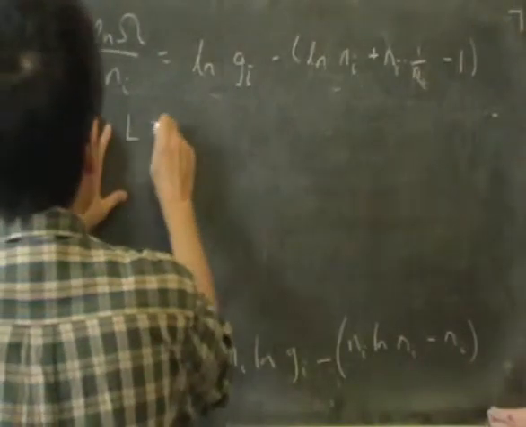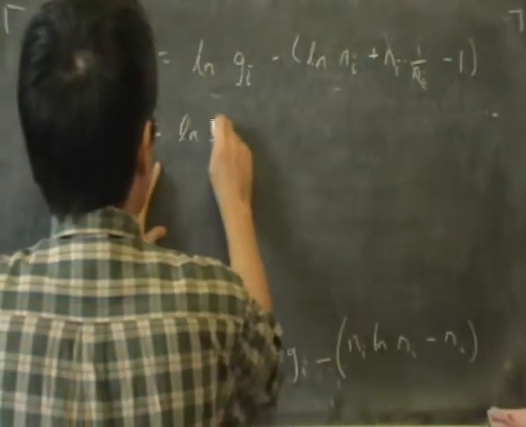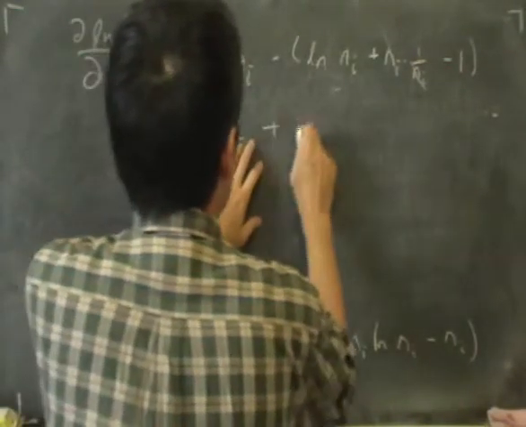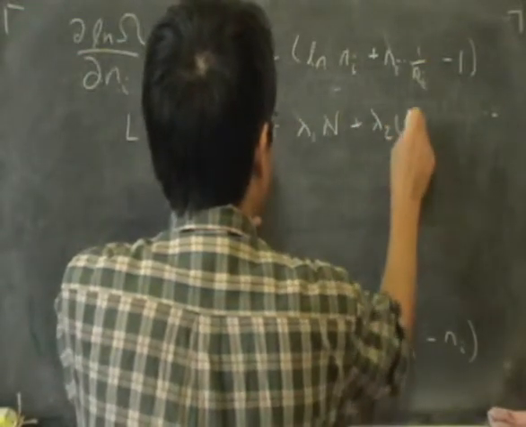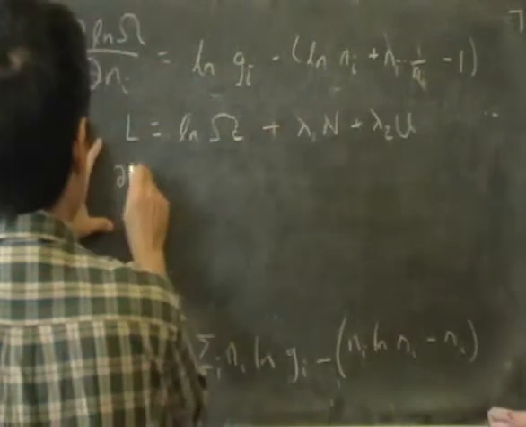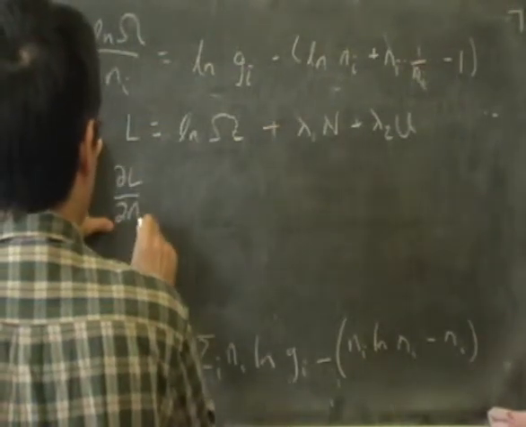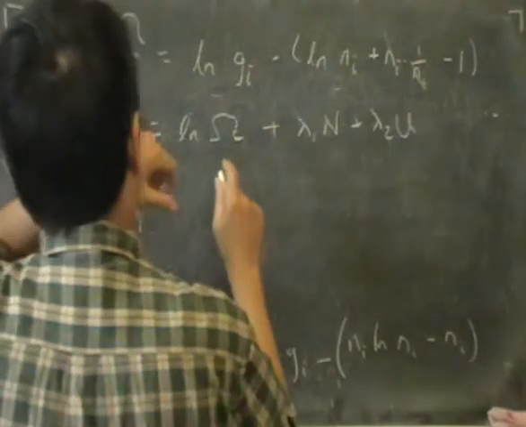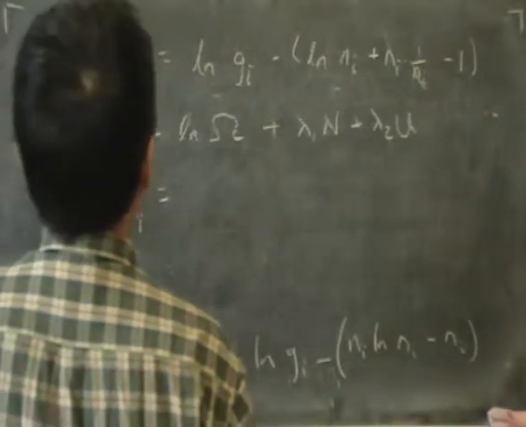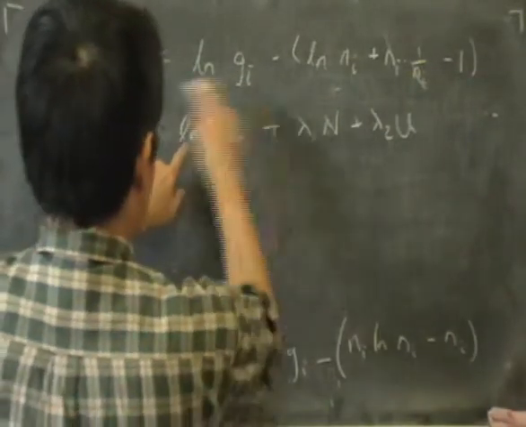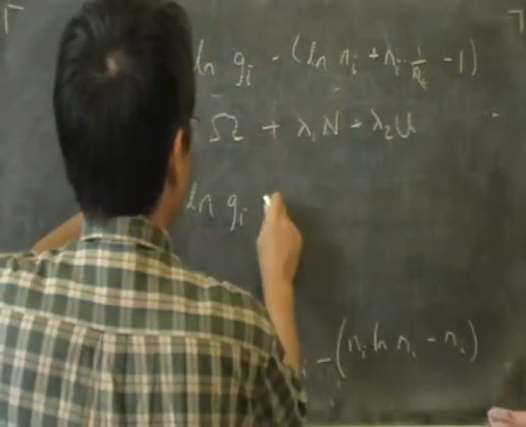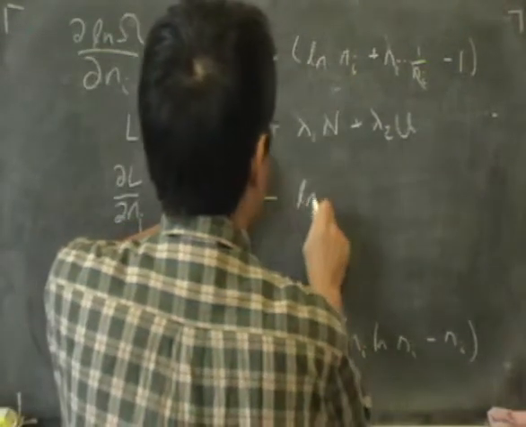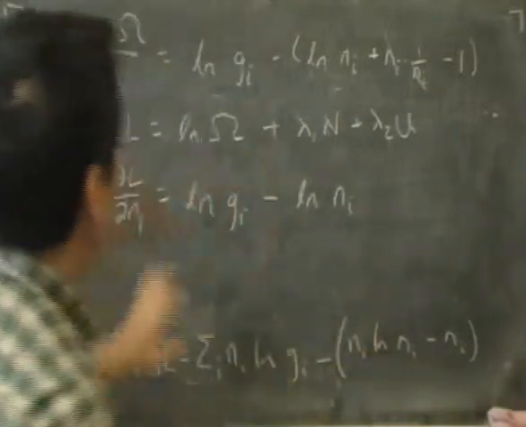L is log of omega plus lambda 1 n plus lambda 2 u. So dL by dni is equal to, differentiating that gives this, which is log gi minus log ni. So that's that.